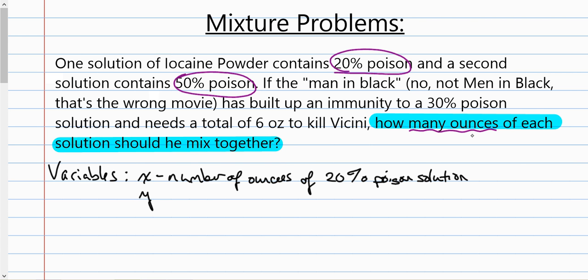Now, I don't need to write my ounces because they're here. Those are the units that I have. And y is going to be the number of ounces of the 50% poison solution.